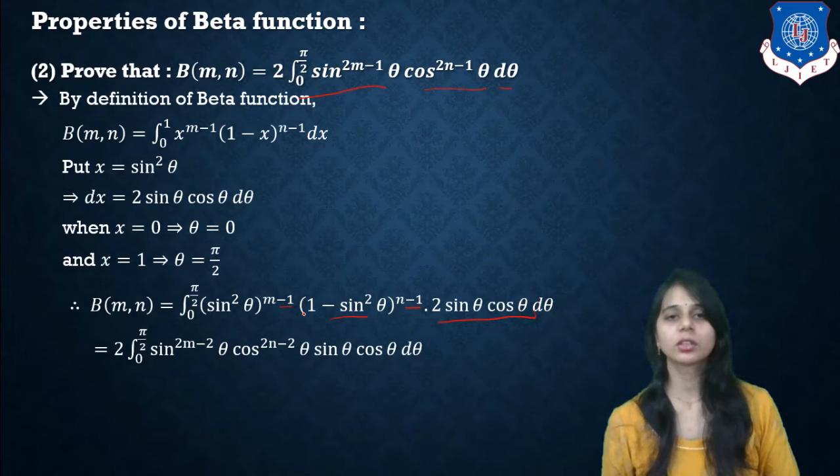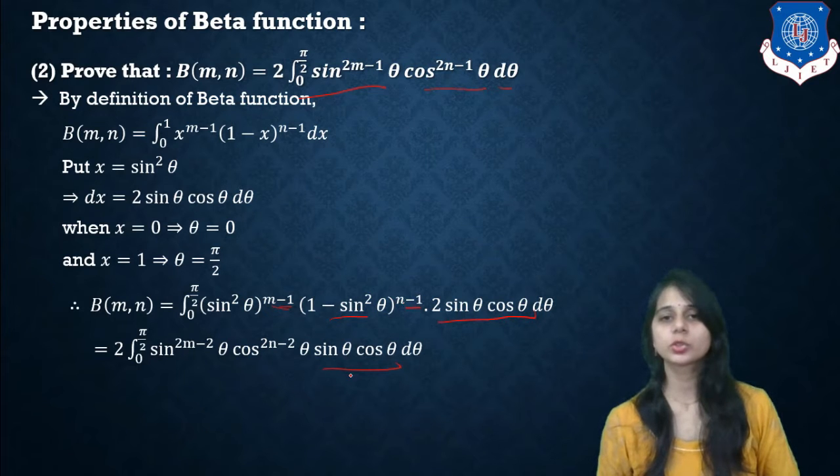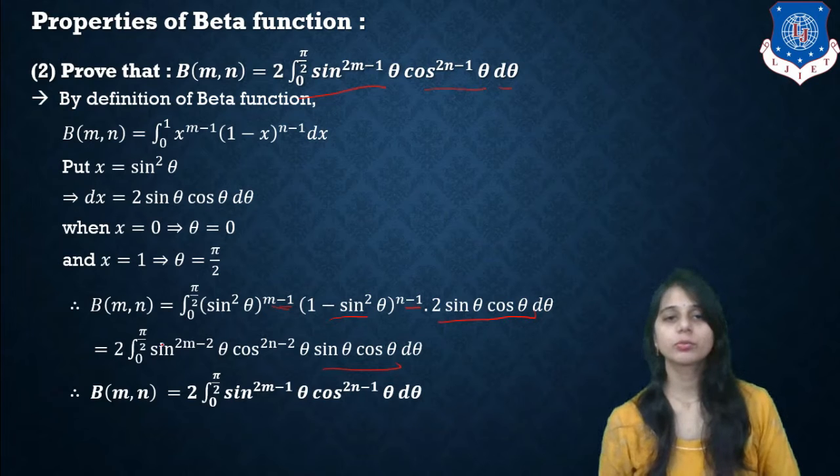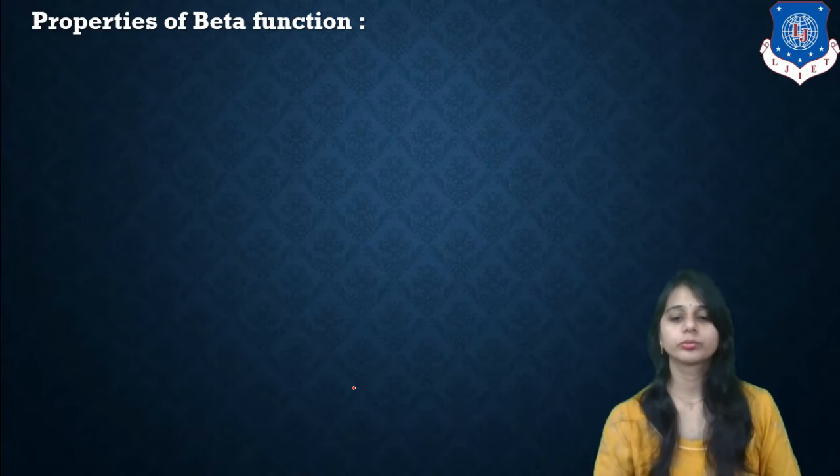Solving this, (sine square theta) raised to m minus 1 gives sine raised to 2m minus 2, and similarly we get 2n minus 2, times 2 sine theta cos theta. We convert 1 minus sine square theta, which is cos square theta, so cos raised to 2n minus 2, times sine theta cos theta d theta. Now, combining the powers, we get sine raised to 2m minus 1 theta cos raised to 2n minus 1 theta d theta.